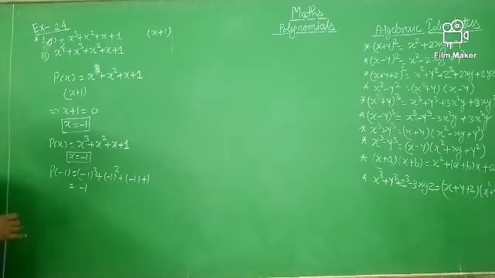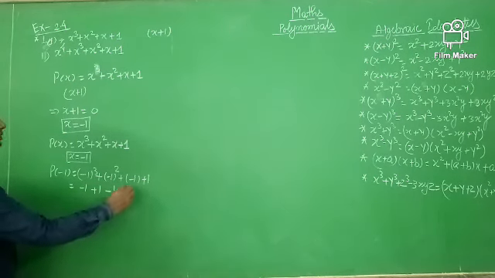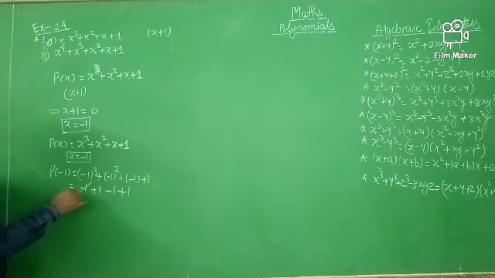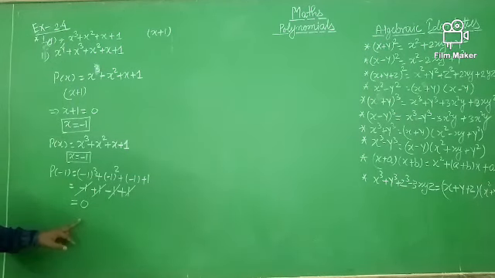(Minus 1) square is equal to plus 1, so plus 1. Then minus 1 and plus 1. This minus 1 is cancelled by plus 1, and this minus 1 is cancelled by plus 1, so it is equal to 0. Here you can see that the value of the given polynomial at x is equal to minus 1 is equal to 0.